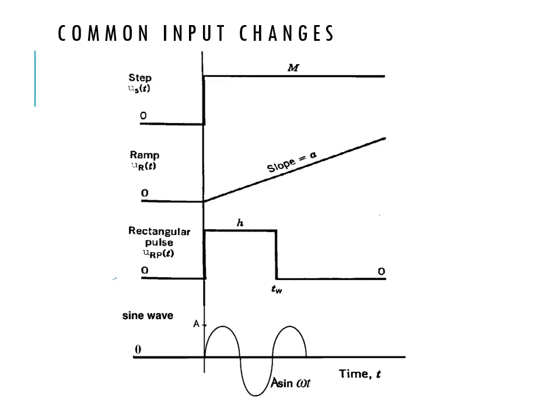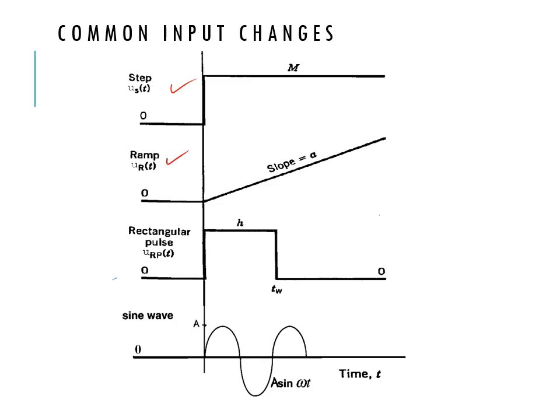As you can see from the slide, this is the step input change, where it has a magnitude right after the change has been made to the controller. And then this is the ramp.